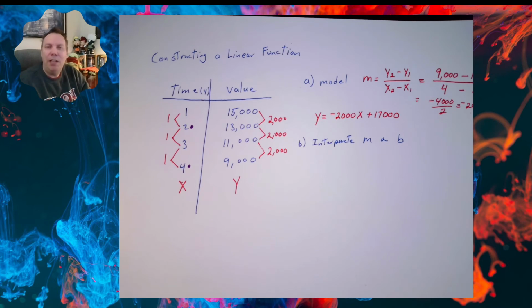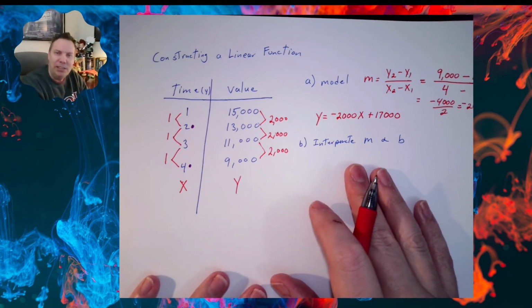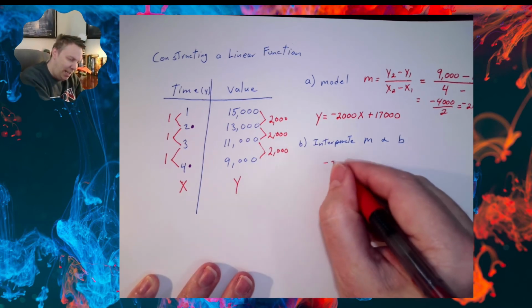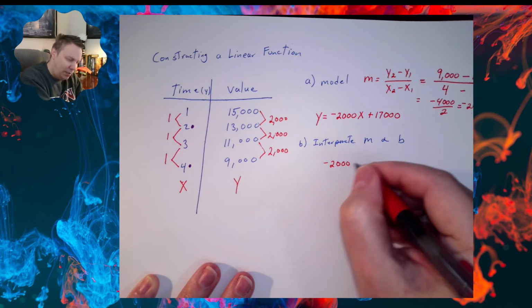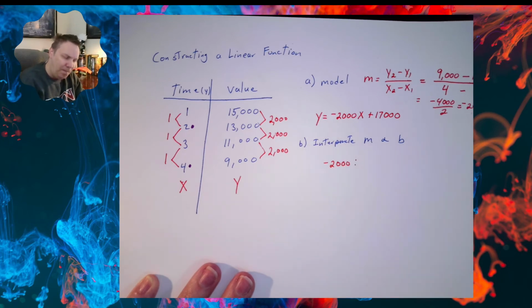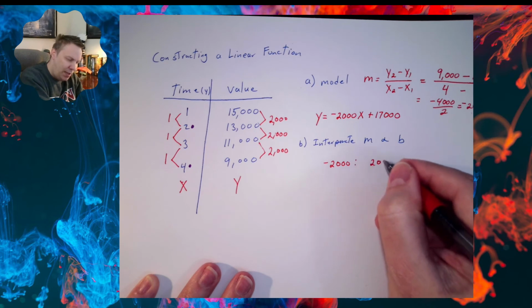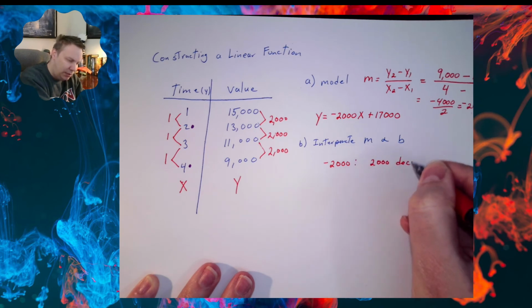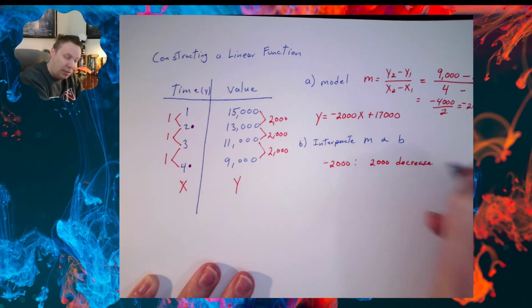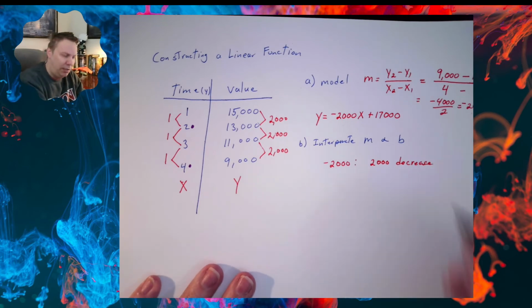So I already talked about the interpretations of these. The negative 2,000, what does this mean? This means there's a $2,000 decrease. Notice I'm getting direction in here.